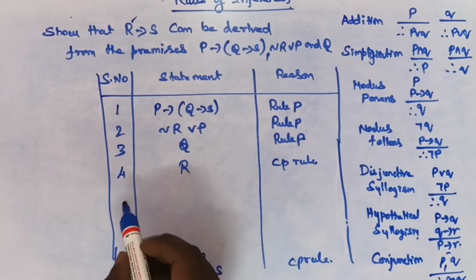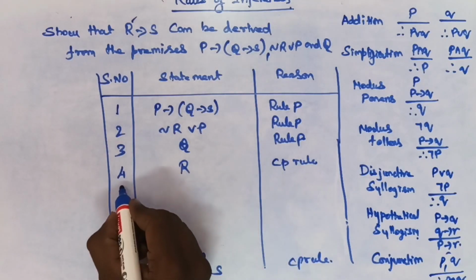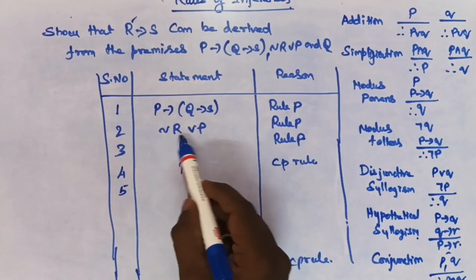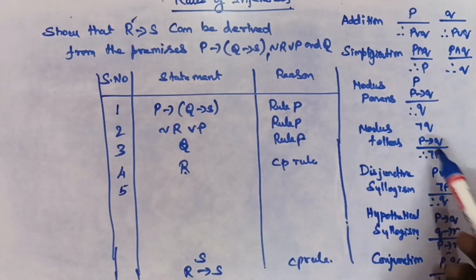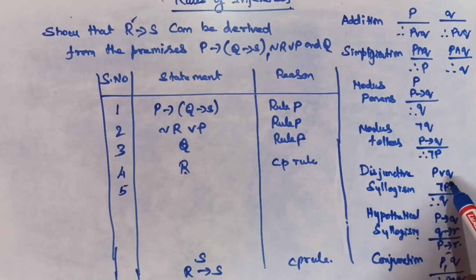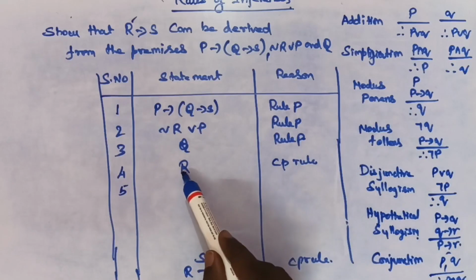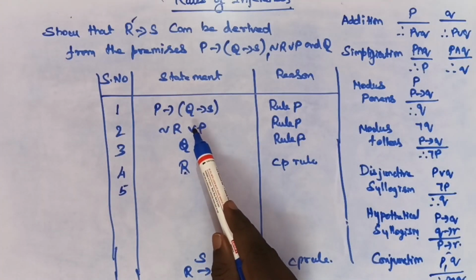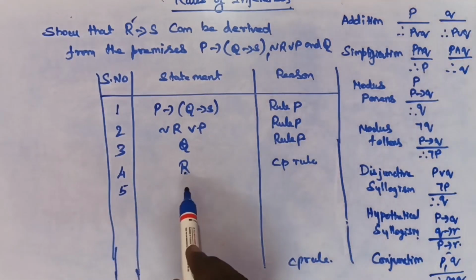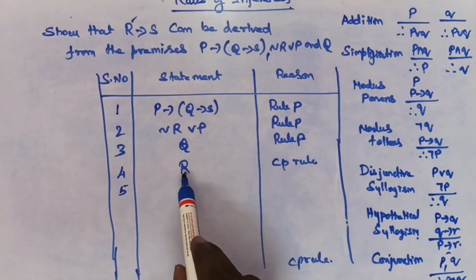So this is how you can prove. This is all tautologically proved. Here we have not R, and P or Q, not R. So you can apply the disjunctive syllogism for this and this: P or Q, and not R. Then what will we get?